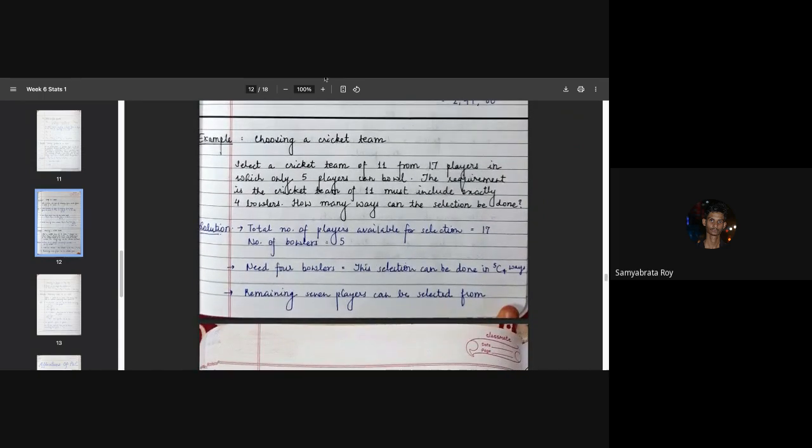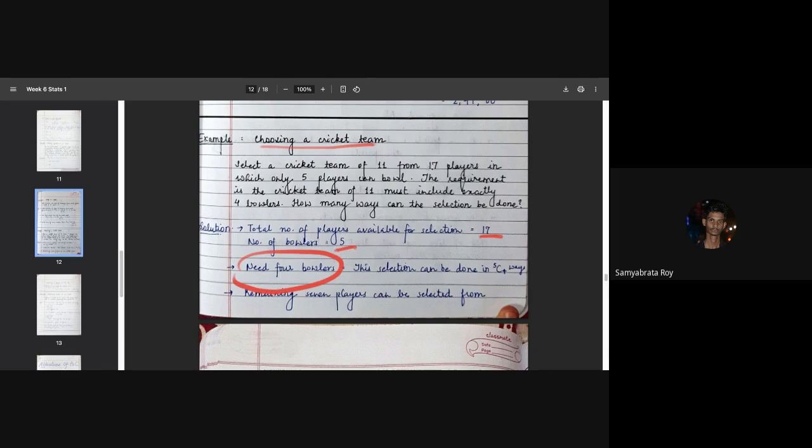Choosing a cricket team. Select a cricket team of 11 from 17 players in which 5 players can bowl. The requirement is that the cricket team of 11 must include exactly 4 bowlers. Total number of available players is 17. Number of bowlers needed is 4.